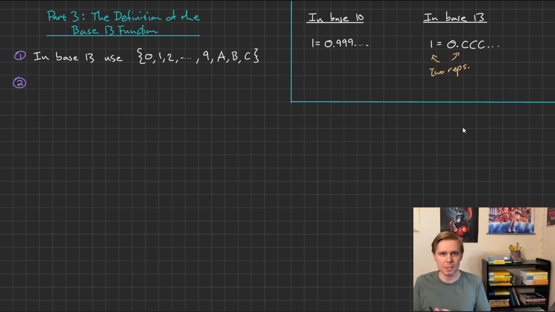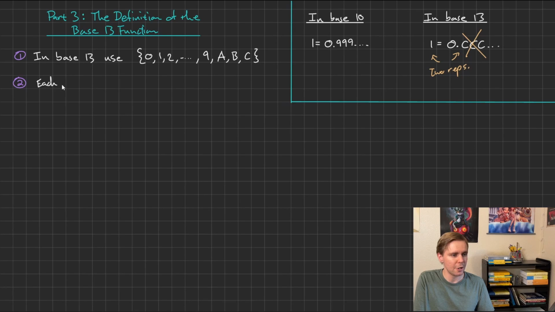And in the arguments that are going to follow, we want to make sure that we don't have two different representations. So whenever I write down a number in base 13, I'm always going to assume that it's not like this. It does not end in an infinite number of C's. It turns out if you throw out those ones, then every real number has just one base 13 representation. So that's the next thing that we need to make sure that we're clear on.